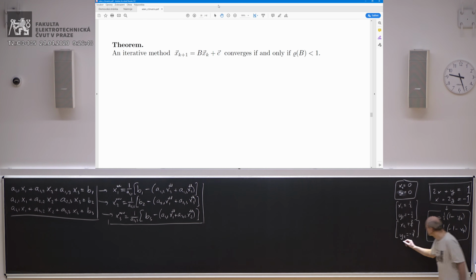Let's try it once more. x3, y3. I take -3/4. I subtract it, so it's 7 over 4 divided by 2, which is 7 over 8. For y, it's x2, which is 3/4. I'm subtracting, this is -7 over 4 divided by 2, which is -7 over 8.